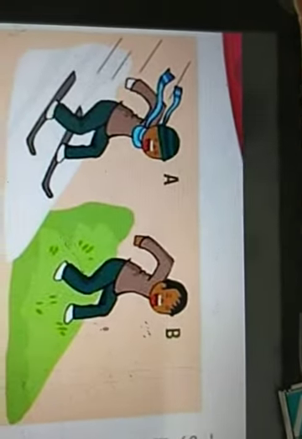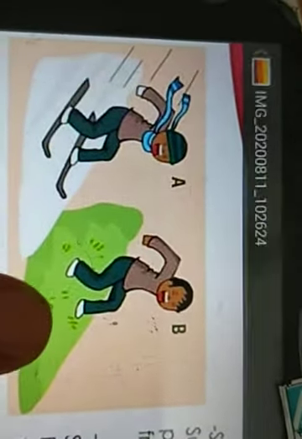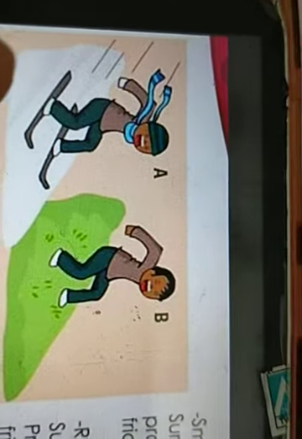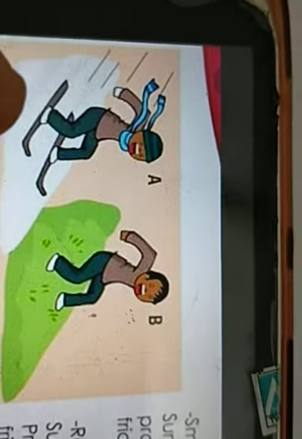You can study this. I will tell you with an example. See these two persons, what they are doing, one is moving on the ice and the other is moving on the grass. As we all know, grass has a rough surface and snow has a very smooth surface.